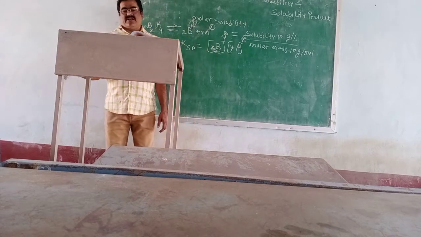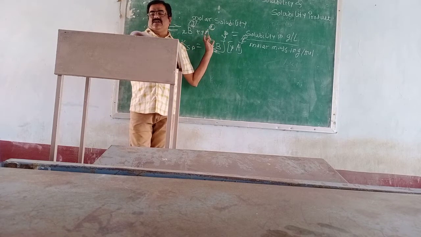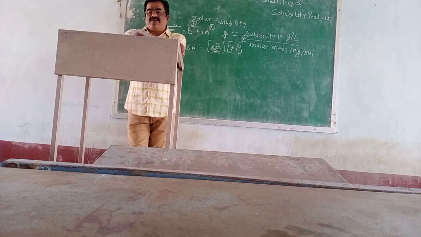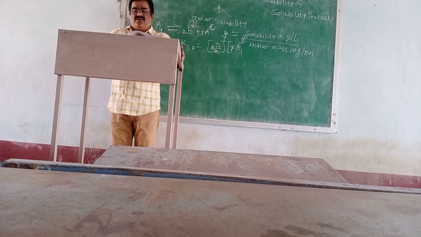या इक्वेशन मध्ये आपल्याला हे सॉल्युबिलिटी प्रोडक्ट, if S is the molar solubility of the compound, the equilibrium concentration of the ions in the saturated solution is given by that equation.